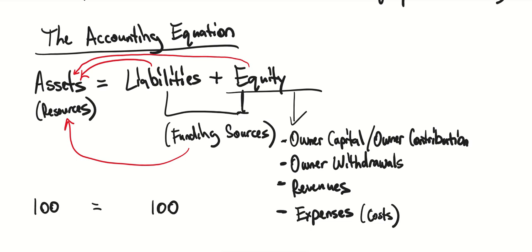So they must balance. It keeps everything, I want to say, healthy. If it's not balanced, something is wrong. So in the next video, I want to actually do some exercises, analyzing transactions using the accounting equation.